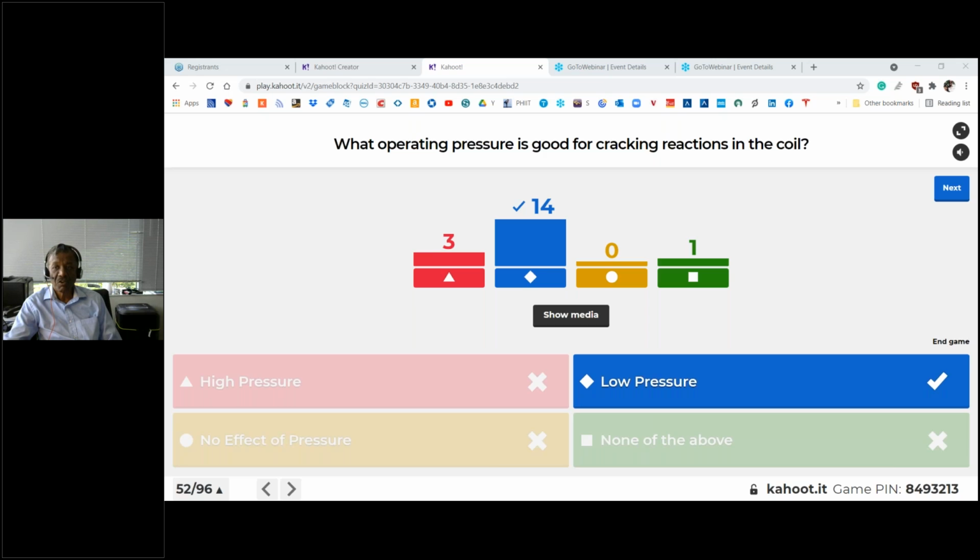The furnace coil outlet pressure should be maintained as low as possible. Typical pressure in the industry is anywhere between 8 psig to 20 psig. So let's move on.